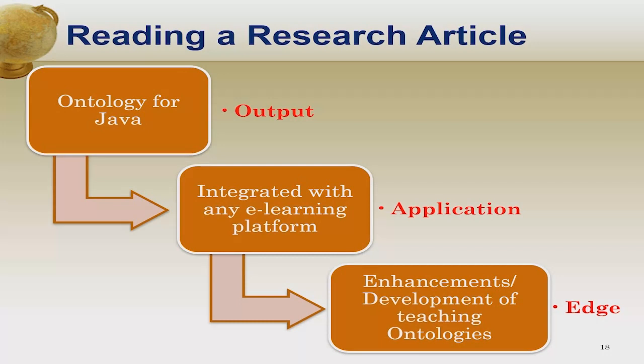As an application of this research, the ontology developed can be integrated with any e-learning platform. Further, the research also provides an edge so that further research is possible by enhancing the approach that is followed and by enhancing the ontology that is developed.